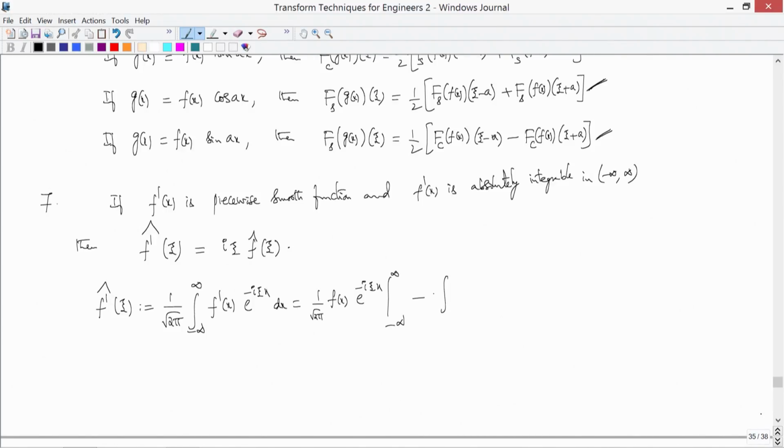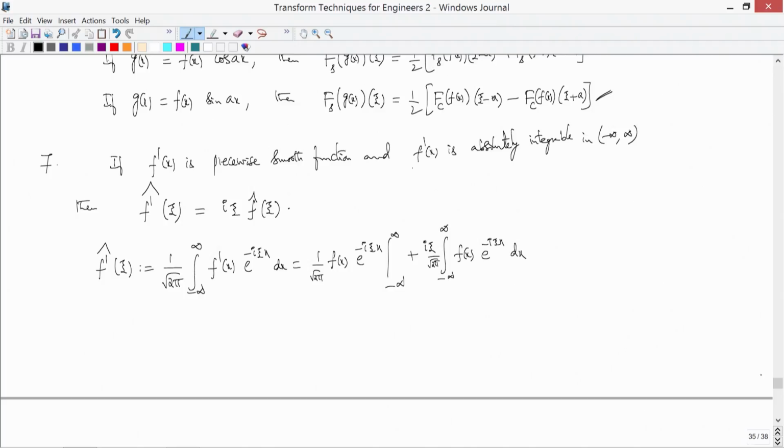And what you get is 1 by root 2 pi, integral from minus infinity to infinity of f of x, and you differentiate this exponential, minus i xi x, so minus i xi comes out. So it makes it plus i xi, times e power minus i xi x dx.